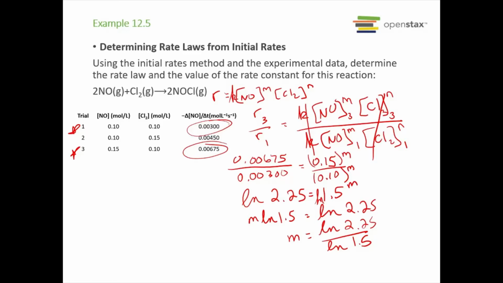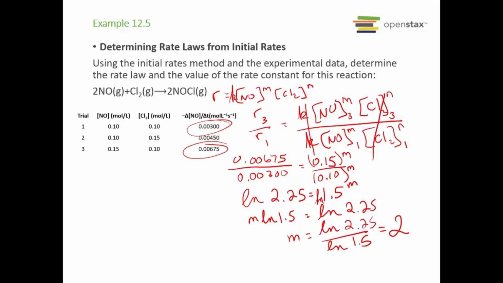So 2.25 natural log divided by 1.5 natural log, we get 2. So M is equal to 2. So now we know our first exponent. So now we need to go and find N.